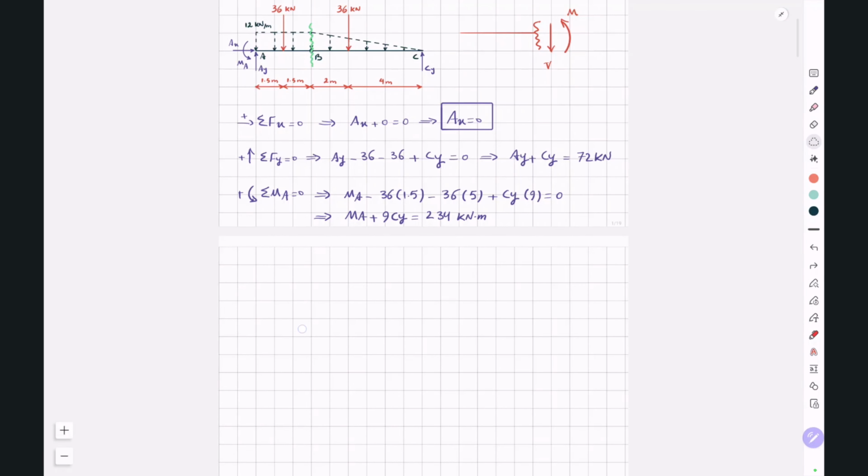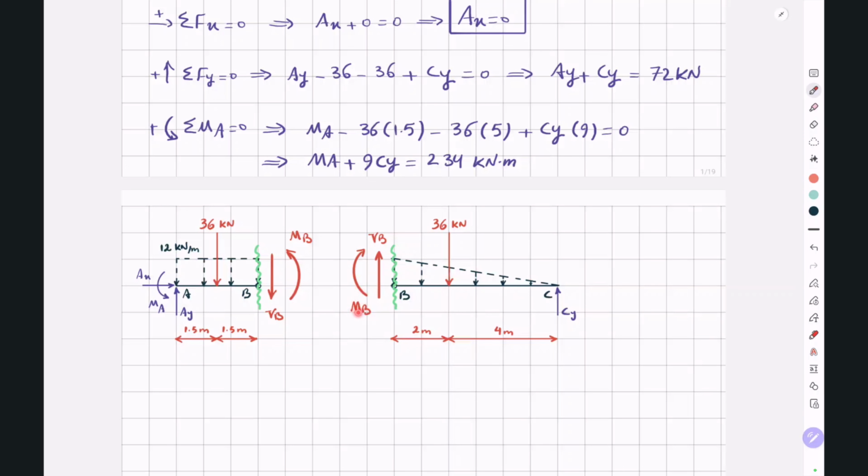But the good thing here is, at the point where you have an internal hinge, your internal bending moment will be equal to 0. So this MB is equal to 0. And by analyzing any of these two free body diagrams and taking the moments around this point B, we will be able to write the additional equation we need to determine our support reactions.